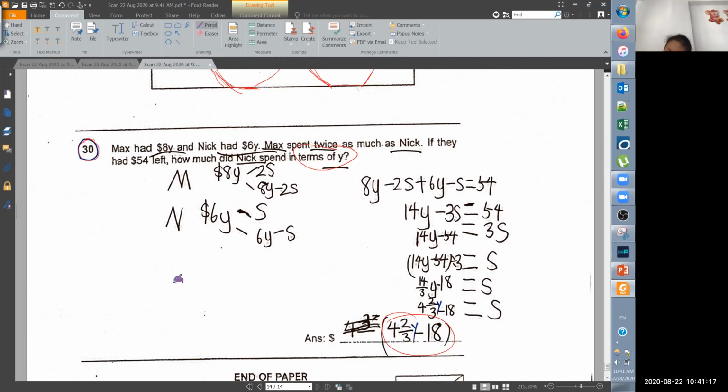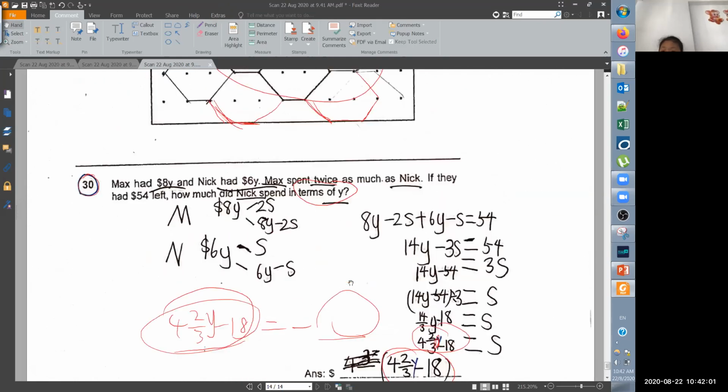And if you get 4 2/3 minus 18, 你自己看到这个你应该继续再减下去啊，对吗？If you don't have a y, you need to continue, because 4 and 2/3 minus 18, you should get negative something. So basically your answer without the y doesn't make sense. Okay. Next.